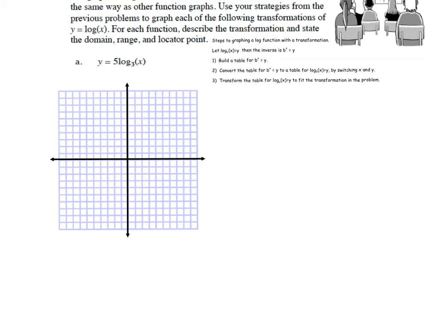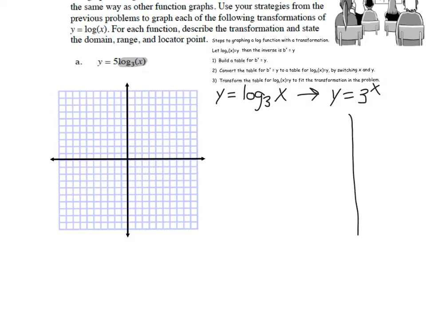Here's what that would look like. Let's take the equation y equaling 5 times the log base 3 of x. What I want to start out with is identifying my base equation. Here's that base equation, just log base 3 of x, and I'm going to write that as y equaling log base 3 of x. Its inverse then has to be y equaling 3 to the x.